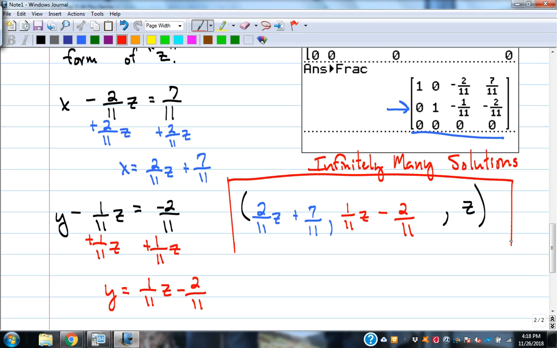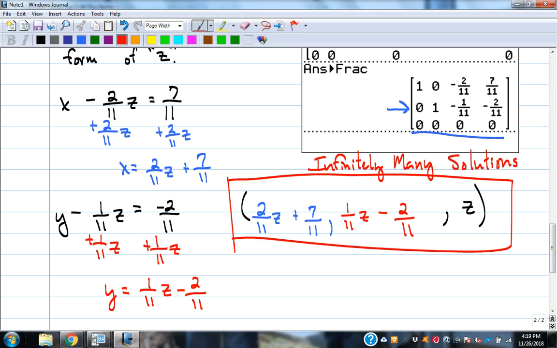That gets us our solutions in the form of Z. That's the most common variable to write your solutions in. Even though they could ask you for other forms, that's the form that is most commonly asked for in our textbook, or most any college algebra textbook that I've ever seen. I've seen quite a few.